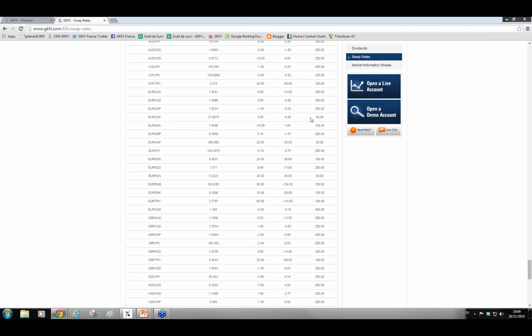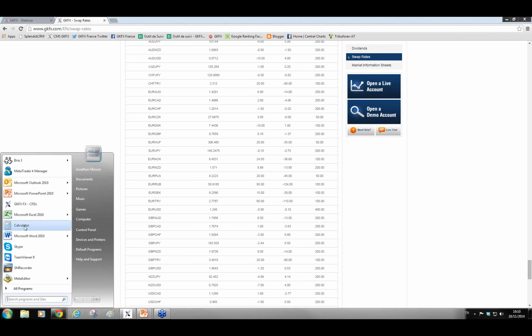On gkfx.com there is a list of all swaps. An example with Euro Turkish Lira. Here you can see if you sell Euro Turkish Lira you can profit from a positive swap of 60 Turkish Lira. So it represents around $27.